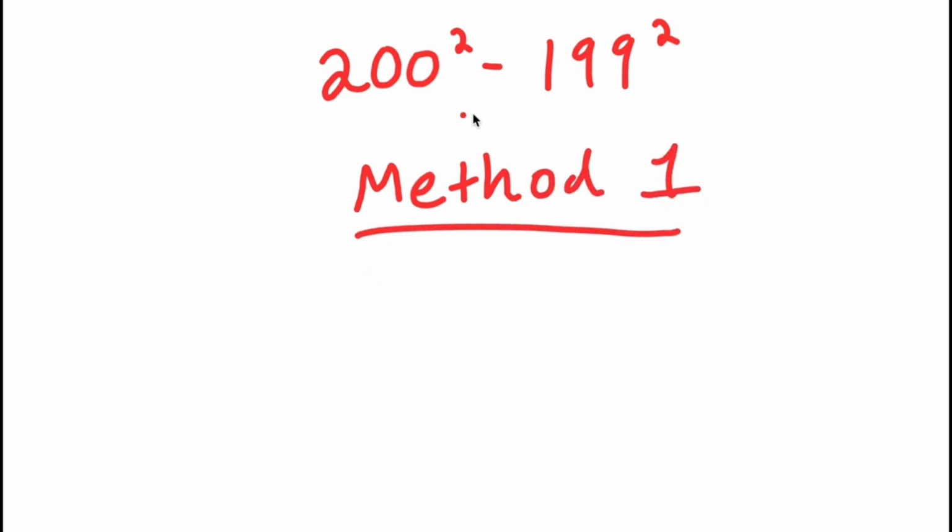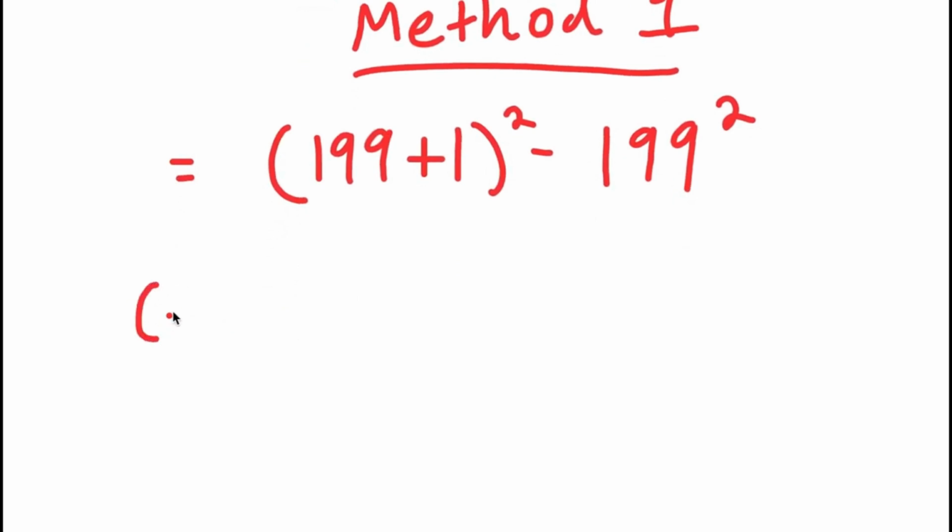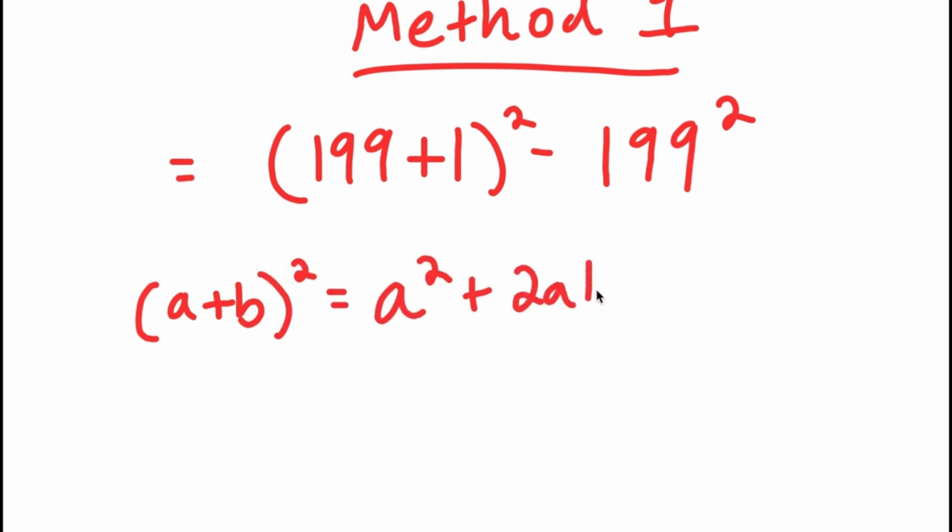what I'm going to do is rewrite 200 squared as 199 plus 1 squared. So now I have 199 plus 1 squared minus 199 squared. And if I have something in the form a plus b squared, this is equal to a squared plus 2ab plus b squared.